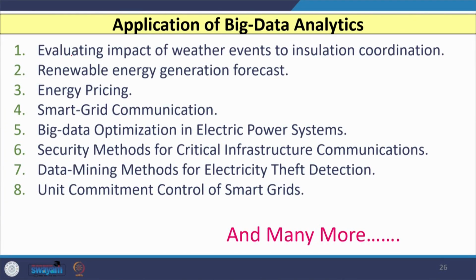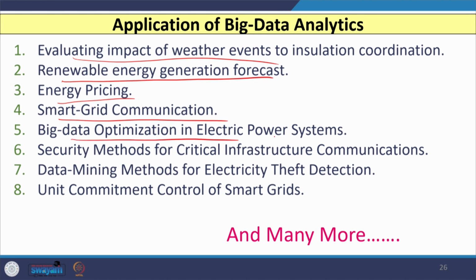Let us say you can use big data analytics for evaluating the impact of weather on insulation coordination. Maybe you can use it for renewable energy generation forecast, for pricing, for the communication of smart grid devices, and for optimization of electrical power systems.